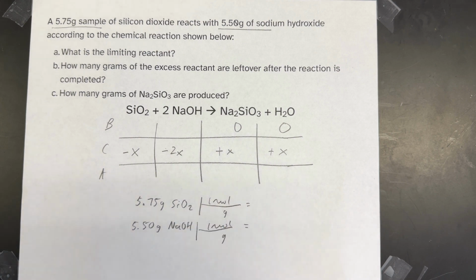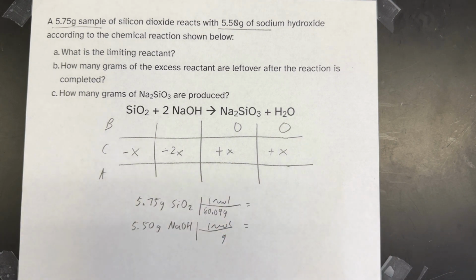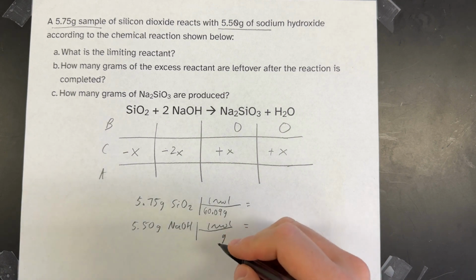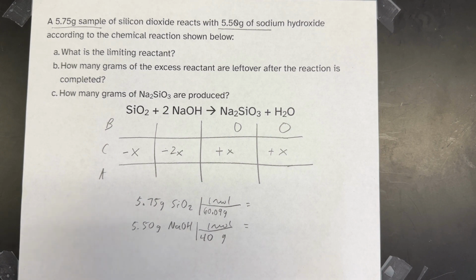And I just need to find the molar mass of SiO2 and NaOH. So the mass of silicon is 28.09 plus 2 oxygens would be 32, gives me a mass of 60.09. And sodium is 22.99, oxygen is 16, and hydrogen is 1.01. This gives me a mass of 40 for sodium hydroxide.